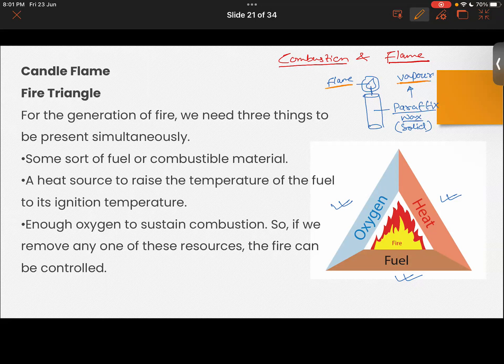So whether you have wax or camphor, they will also burn with a flame. Similarly, you have kerosene oil, you have mustard oil, sarson ka tel. They will also burn with a flame because they produce vapors on being heated.